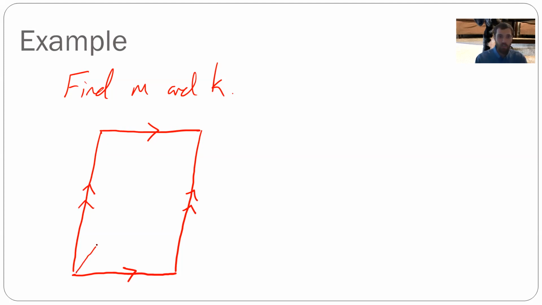And then we have our diagonals coming up like so, and this one going this way. Now we know that this segment right here is 14. And this segment right here is 2K plus 6. This segment right here is 26. And this segment is 3M plus 5.